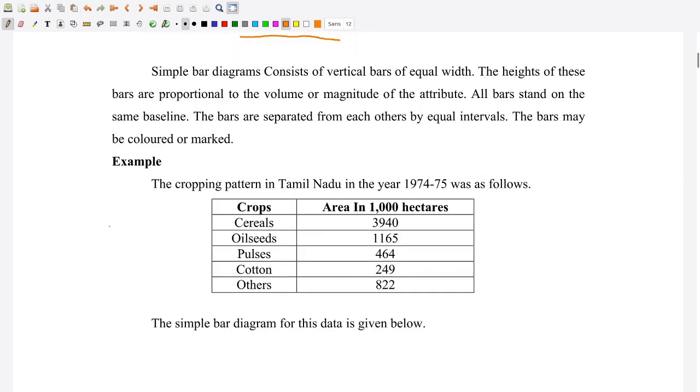For example, the cropping pattern in Tamil Nadu in the year 1974 to 75 is given as follows. These 5 crops are given to us: cereals, oil seeds, pulses, cotton and others. And for these 5 crops we have area in 1000 hectares.